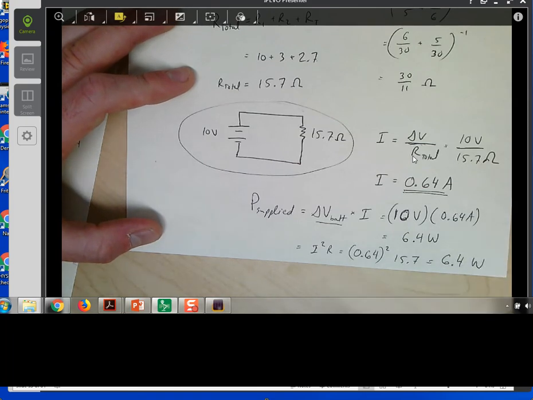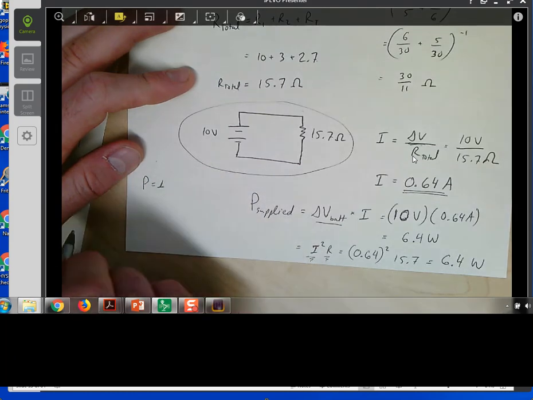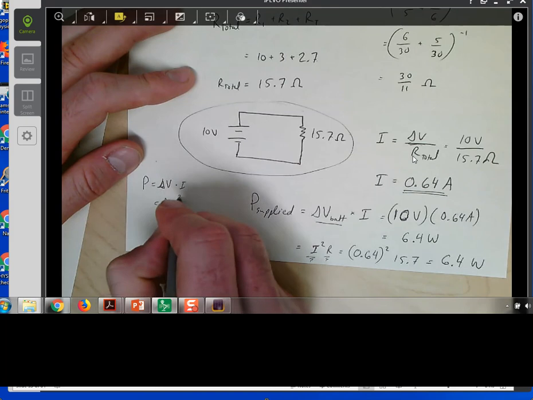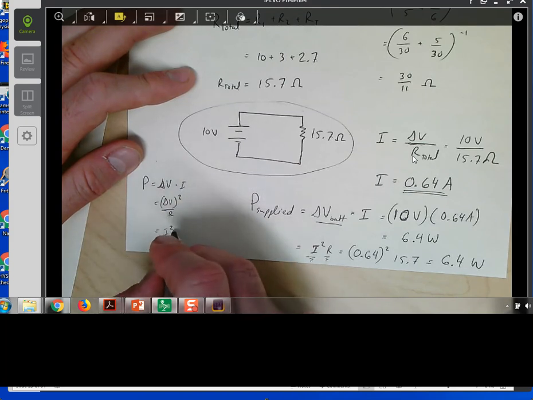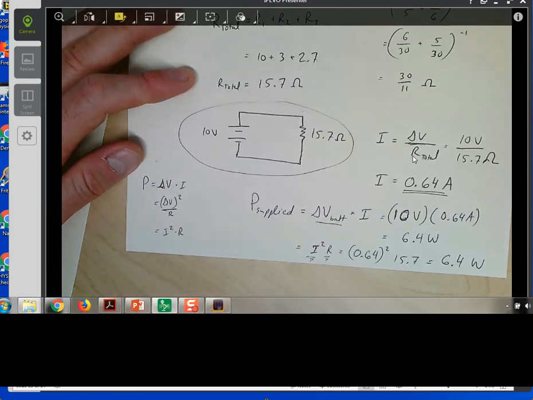The point that I wanted to make is that any of these calculations will work if you know the current that's going through a resistor and you know the resistance value, or if you know the voltage drop. Remember that we have three formulas: delta V times I, or delta V squared divided by R, or I squared times R. All three are equivalent ways of looking at a problem.